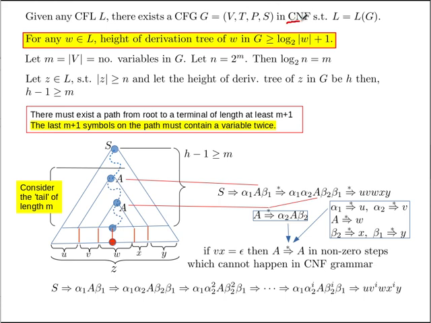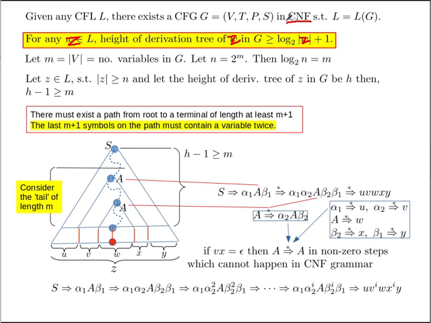So this is important, and which is generating that language. And again, here I need z. For any z in that L, the height of the derivation tree of z is at least log base 2 of the length of z plus 1.